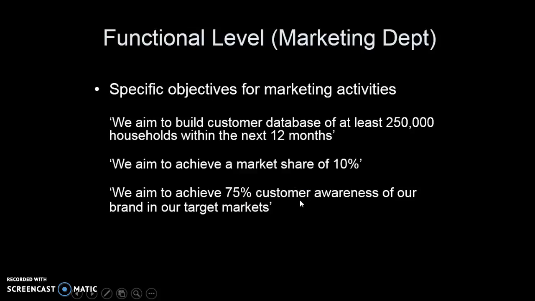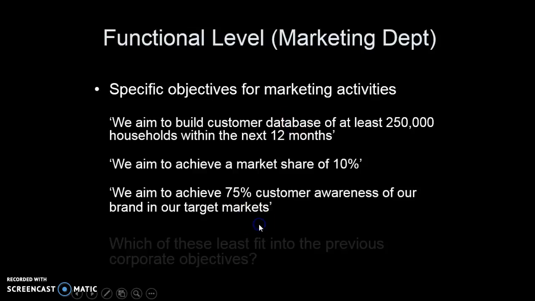So what we can see from a marketing point of view, this is very much looking at the amount of customers that this organisation may hold, which is also obviously part of the marketing department is to raise that awareness and communicate to these potential customers and existing customers the existence.